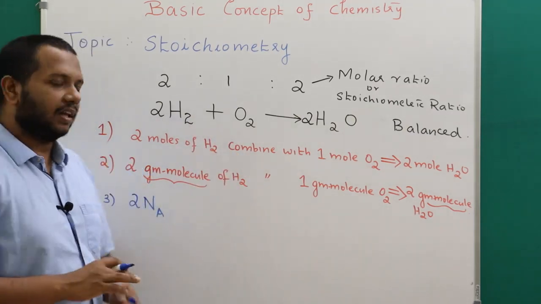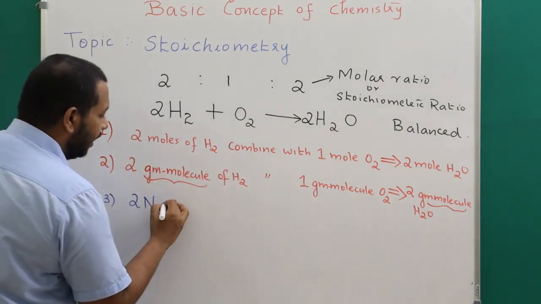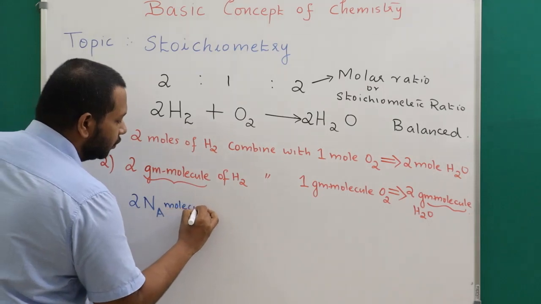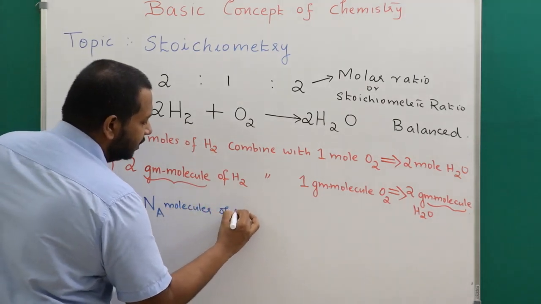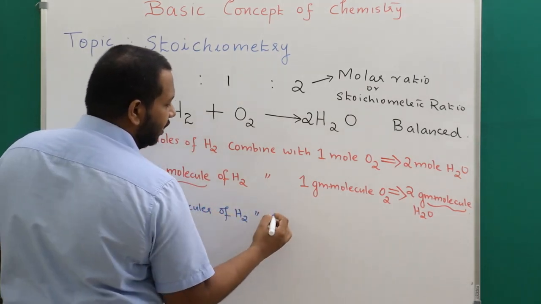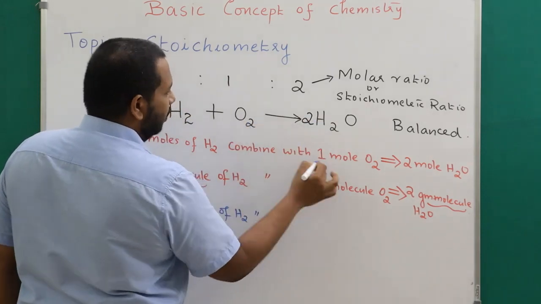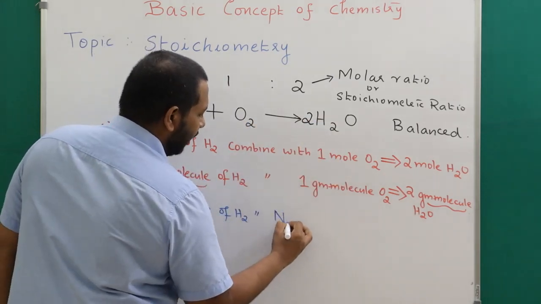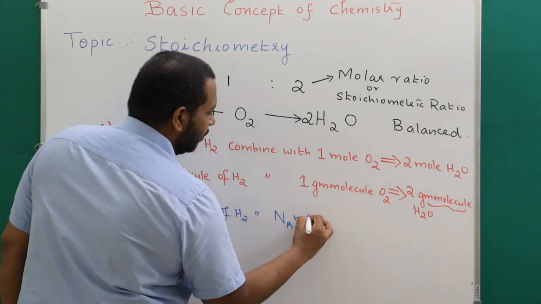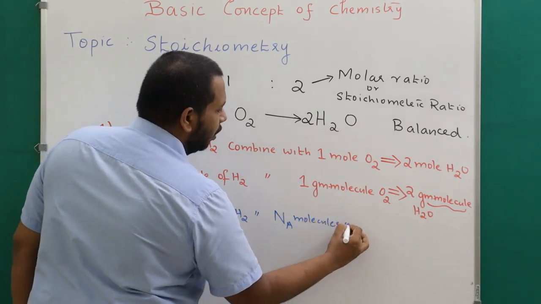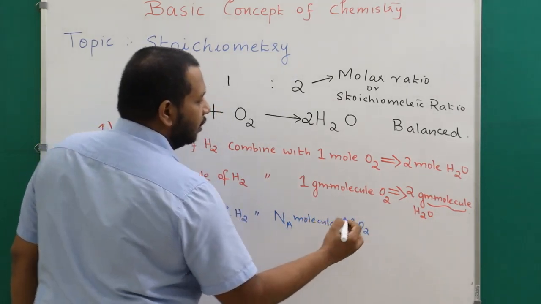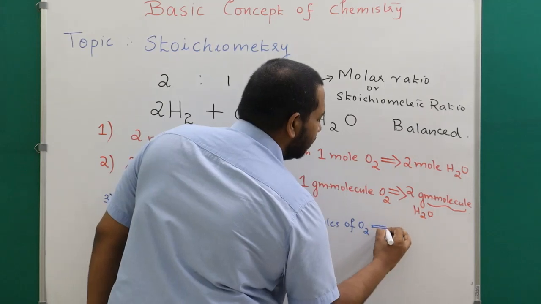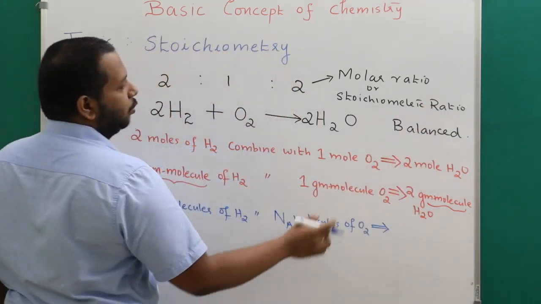You can write it like that, or say 2 Na molecules of hydrogen combine with 1 mole, Na molecules, of oxygen to give 2 moles of water.